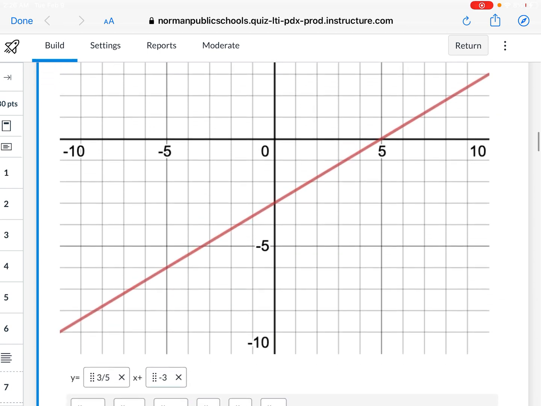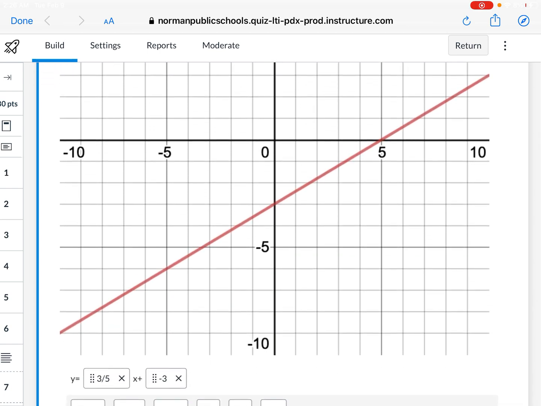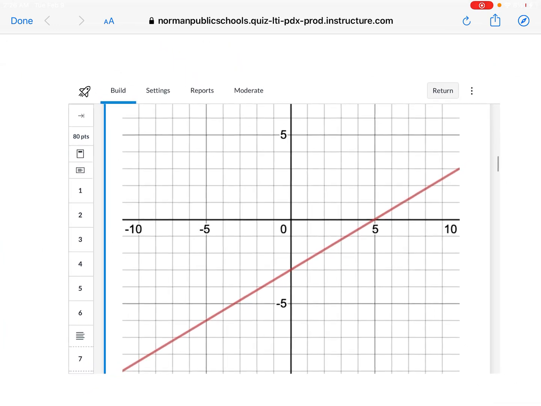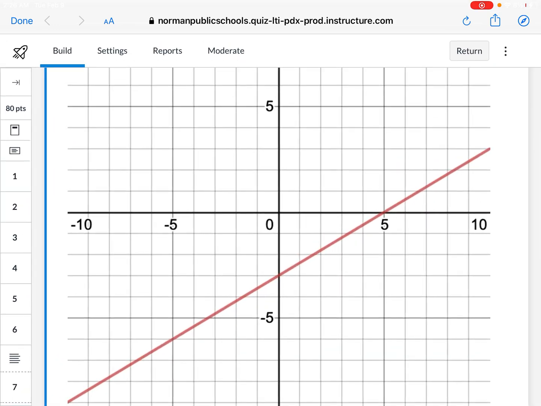If you're writing an equation, you need to know what the slope is, and you've got to find 2 clean points. You can see the line crosses at a clean point on the y-axis. It also crosses at a clean point on the x-axis. So you can use those 2 points to get your slope.